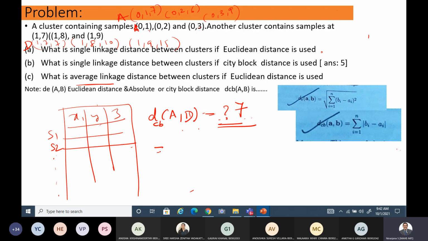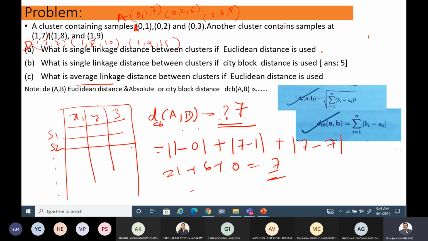So what you did maybe like this: you took the absolute difference of 1 and 0, right? Then you added that to the absolute difference between 7 and 1. Then you added that to the third feature, 7 minus 7, right? That turns into 1 plus 6 plus 0. Okay.